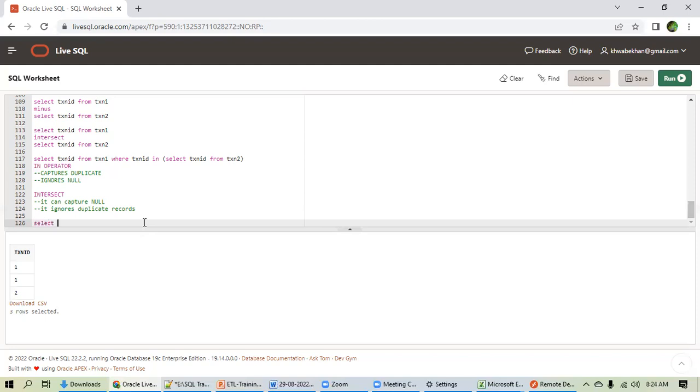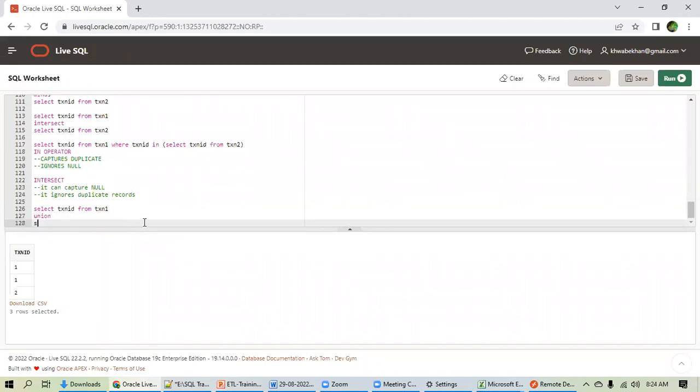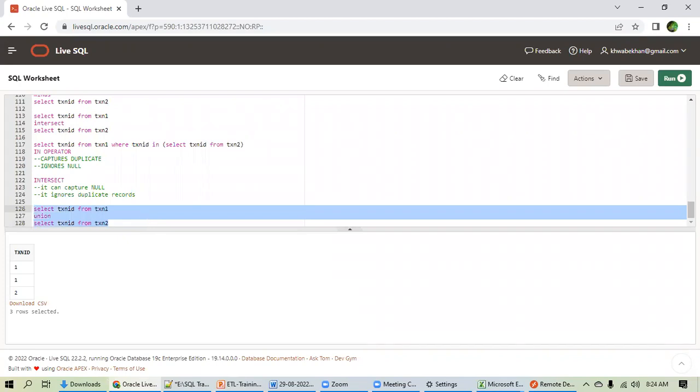Okay, now tell me one thing. Select transaction ID from transaction 1 union select transaction ID from transaction 2. Ignore the union for now. Just look at the output. 1, 2, 3 and null is the output.